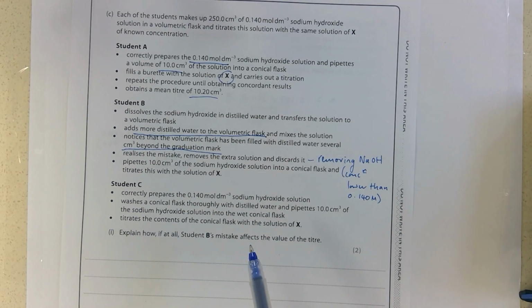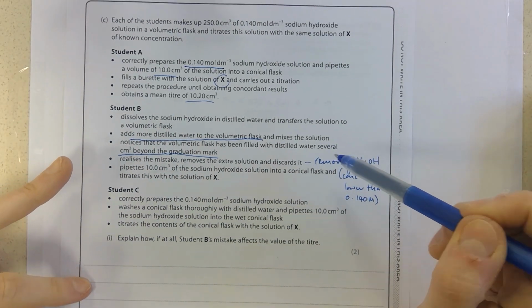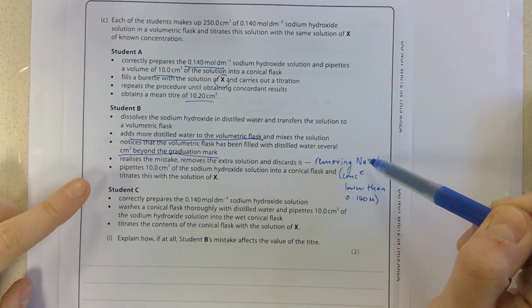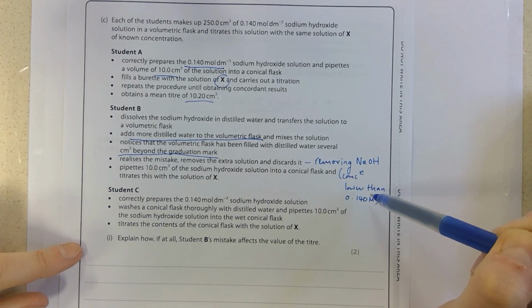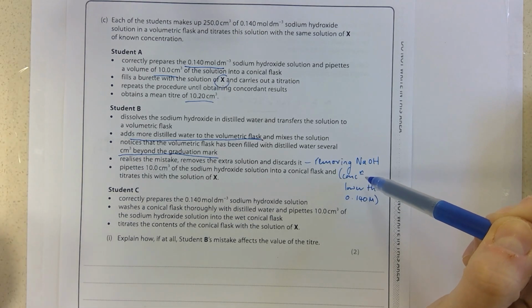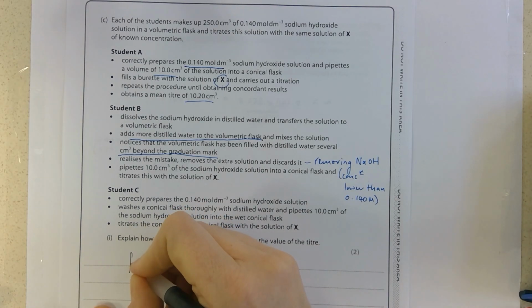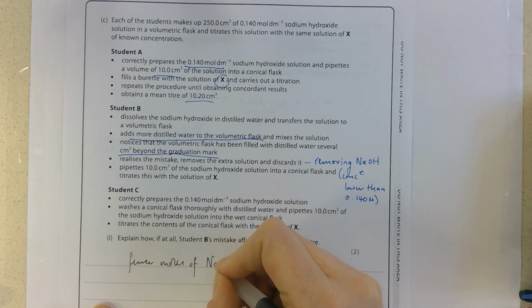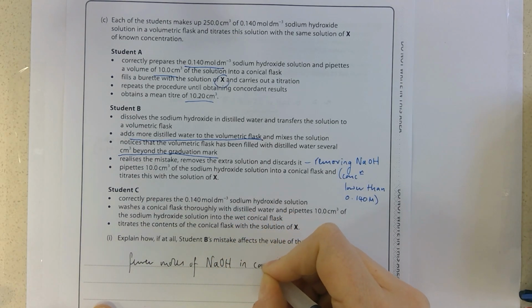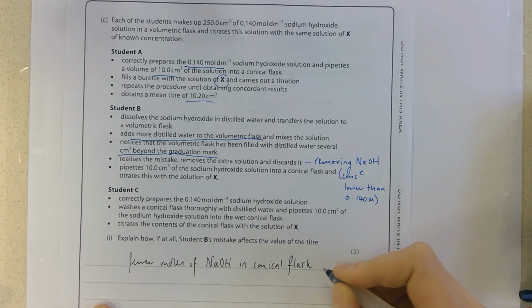So how does student B's mistake affect the value of the titer? Well, by removing that extra water, they've actually removed some sodium hydroxide with it. We've already said the concentration therefore is lower. If the concentration of the sodium hydroxide in the conical flask is lower, there are fewer moles of sodium hydroxide in the conical flask. So let's put that. So fewer moles of NaOH in the conical flask, which means that they're going to need less of the acid to neutralize it.